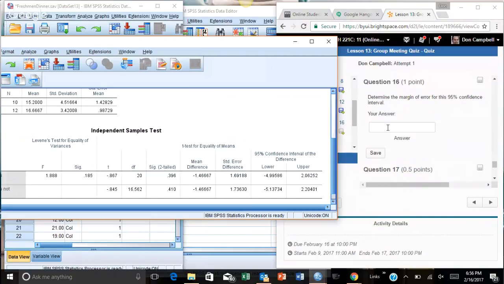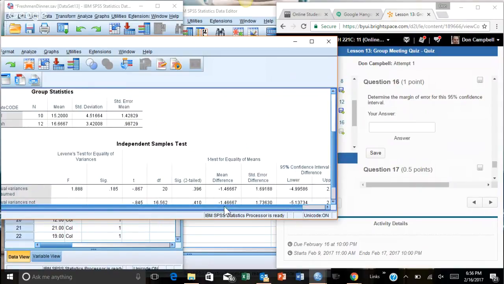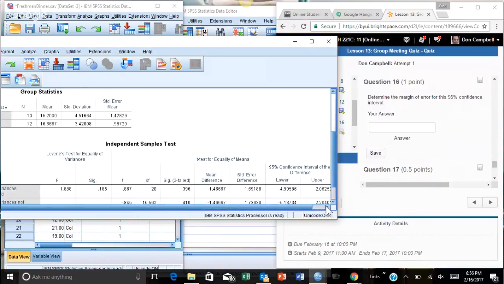And sigma. What is sigma? I'm completely blown a gasket here. Well, the sample standard deviation. Okay, so sigma would that be 0.410?